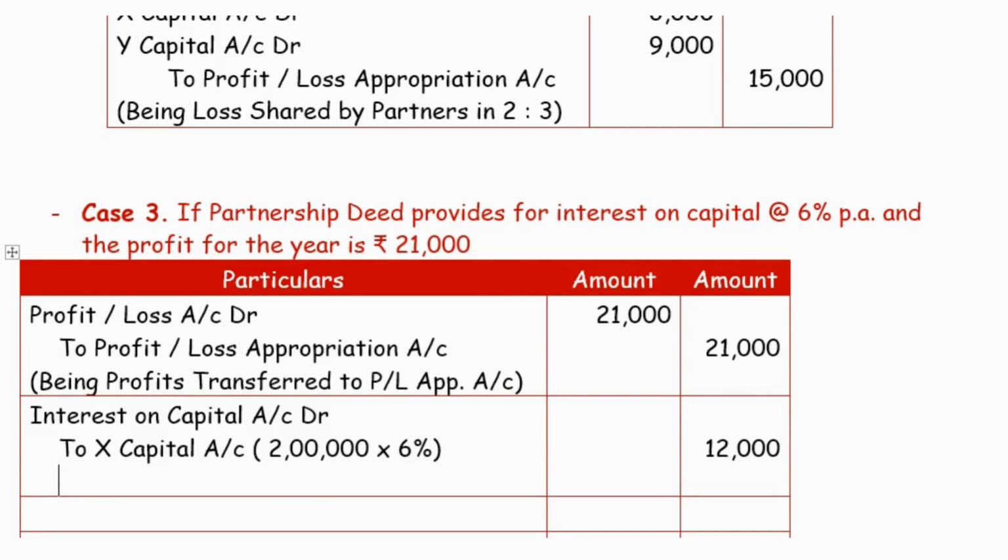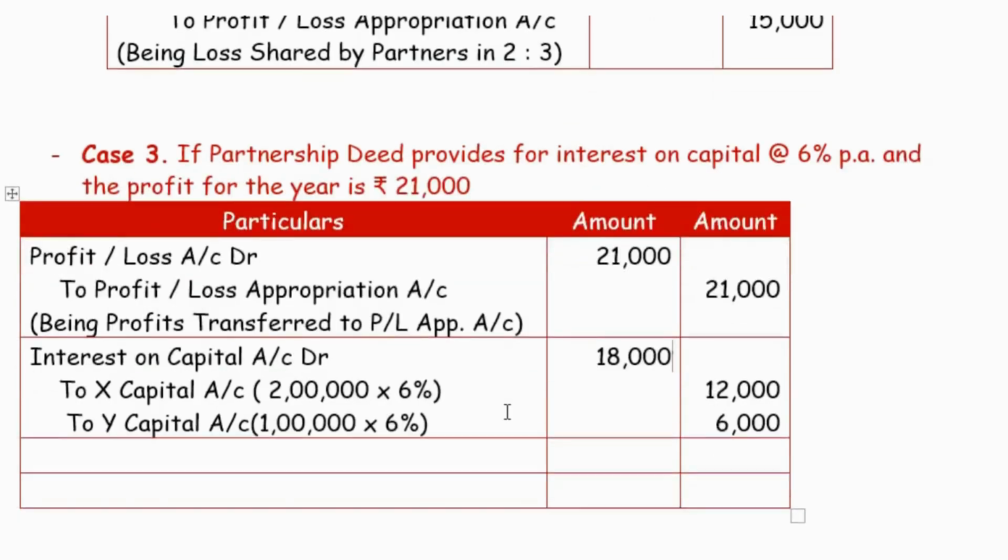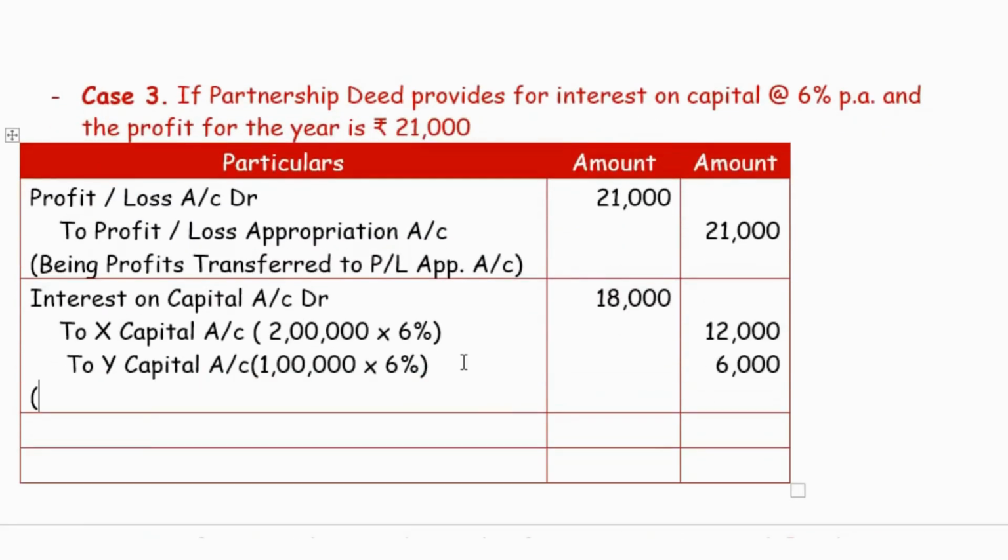Partner Y has contributed 1 lakh as capital and his 6% interest works out to 6,000. So totally it is 18,000, being interest on capital allowed to partners.